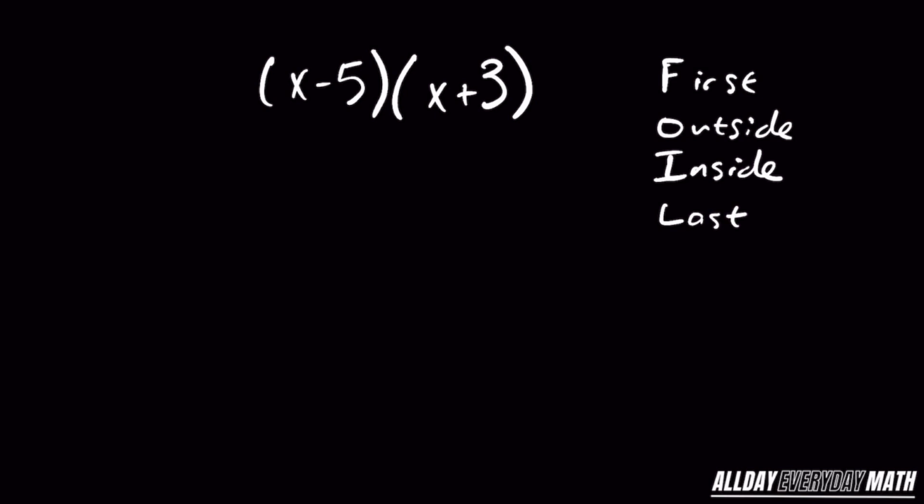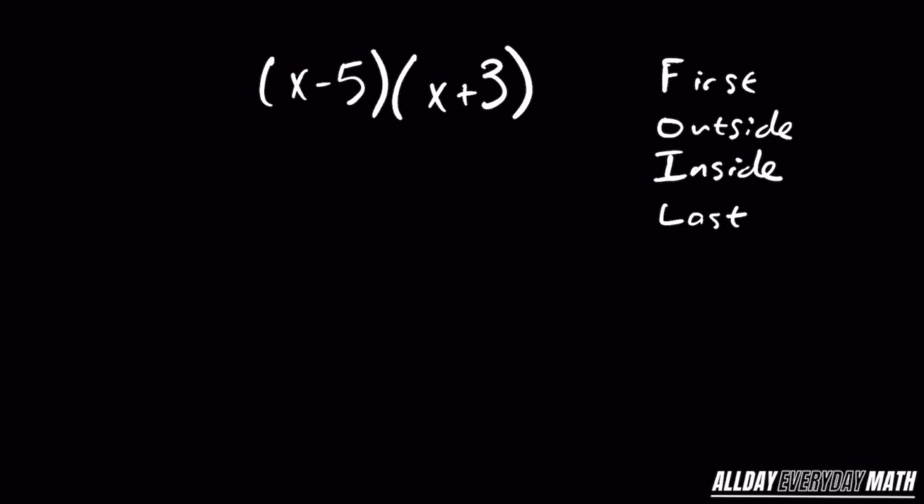So that just means that you multiply the first terms together, then the outside terms together, then the inside, then the last terms together. So really doesn't matter how you do it as long as you multiply each term in the first by each term in the second polynomial. Okay? So let's go ahead and do that.